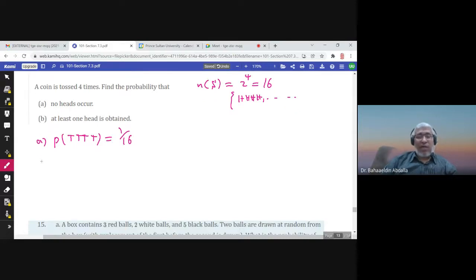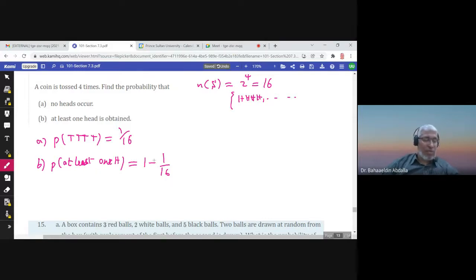At least one head is obtained. When he says at least one head, what does it mean? It means one head or two heads or three heads or four heads. So everything except what? Except four tails, zero heads. So the probability of at least one head is 1 minus the probability of T, T, T, T. So it's 1 minus 1 over 16.